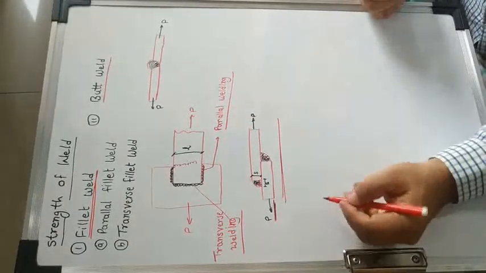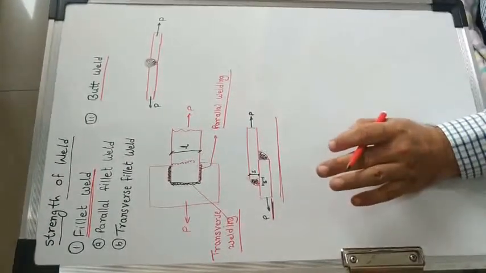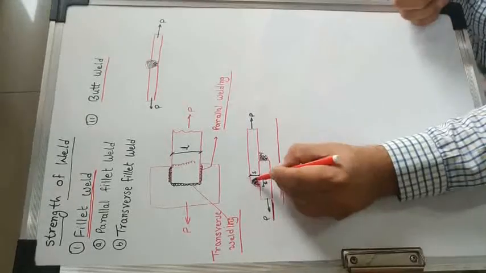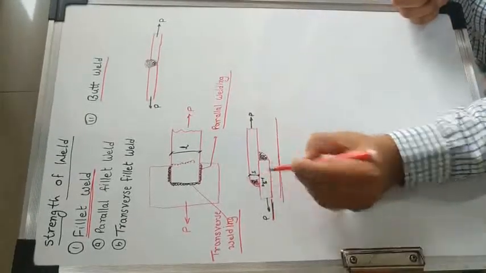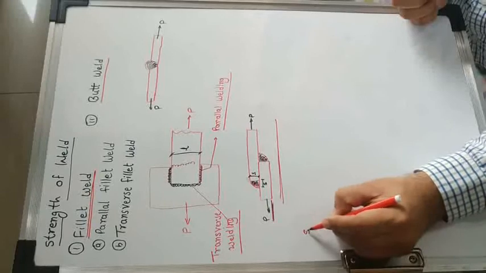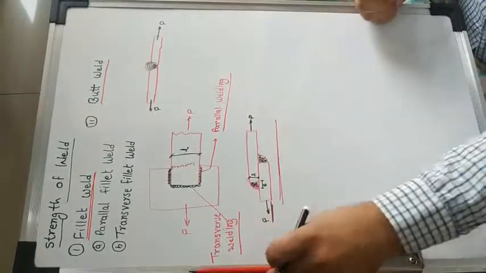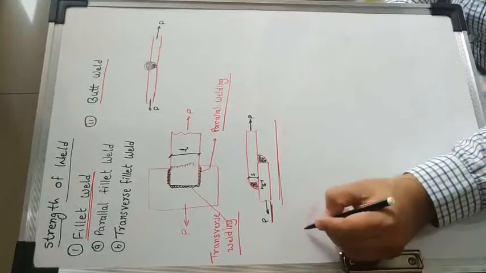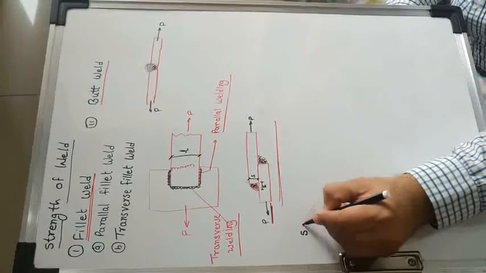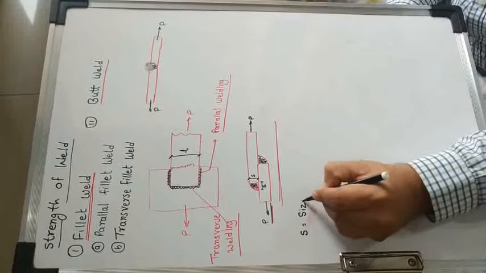Now if we go for the formula, this S, if we write in black ink, S is equal to size of weld.